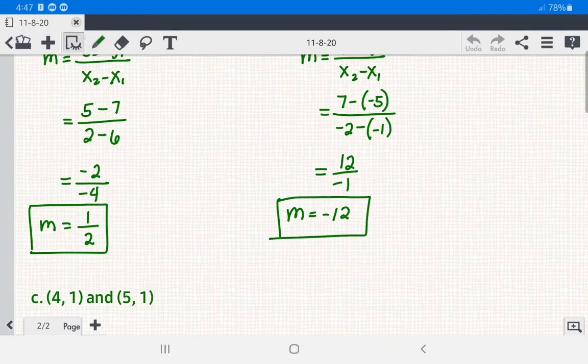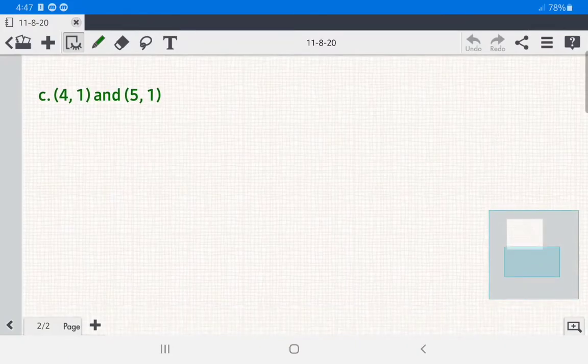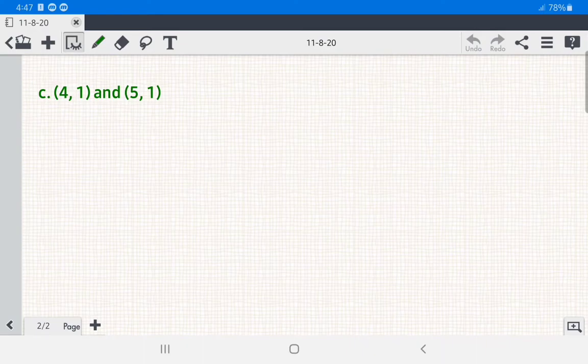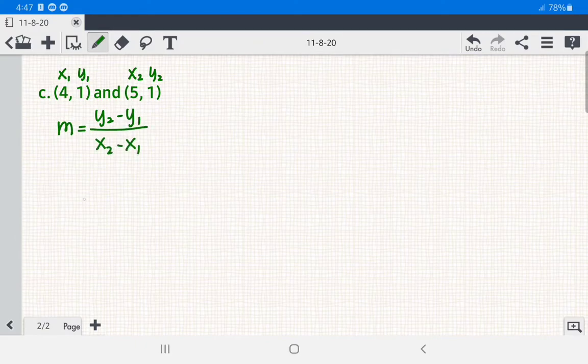Next, for letter C, we have 4, 1 and 5, 1. So our x1 is 4, y1 is 1, x2 is 5, y2 is 1. Using the formula, m is equal to y2 minus y1 over x2 minus x1. We substitute: y2 is 1 minus y1 is 1, over x2 is 5 minus x1 is 4.